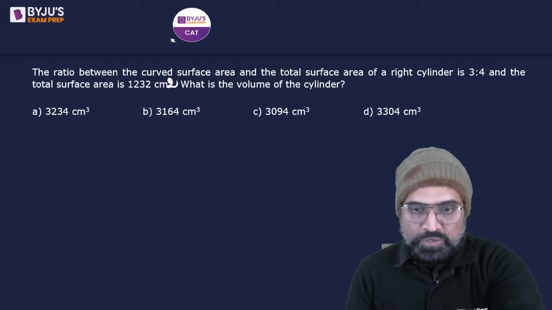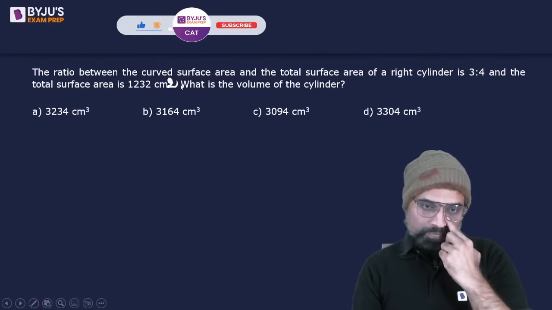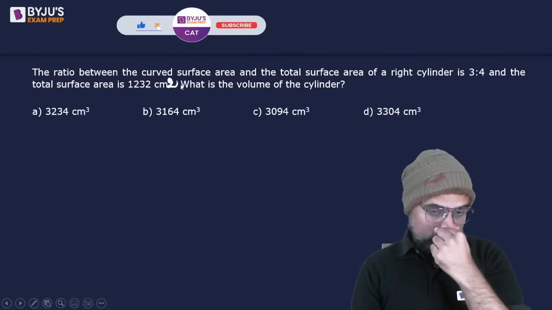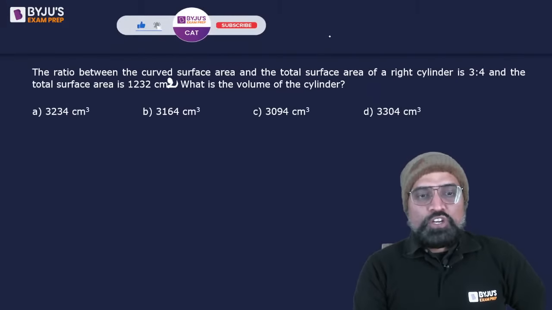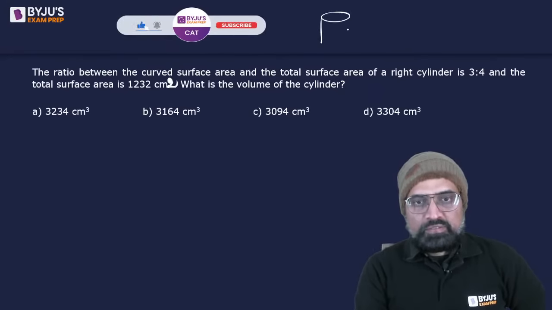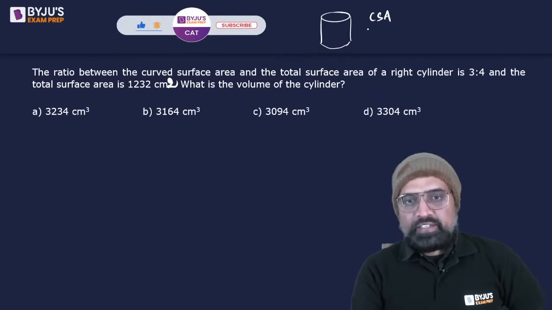Option A, music core says, anonymous say A, Sejal says A. So if you talk about a right cylinder, the curved surface area तो ठीक है, and total surface area भी है, right?